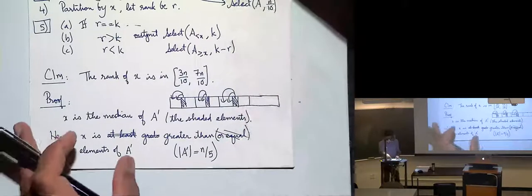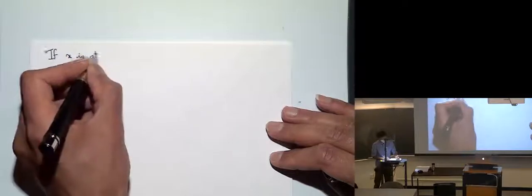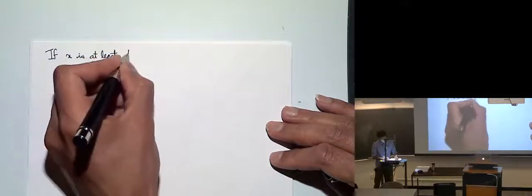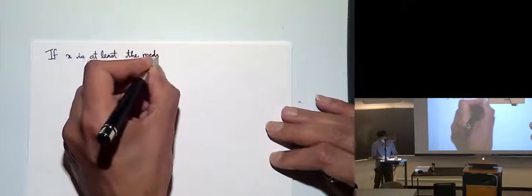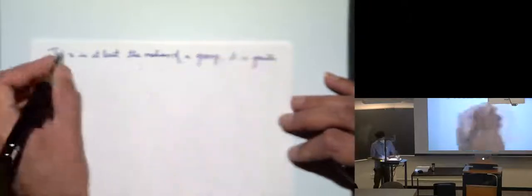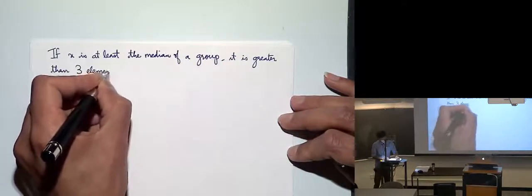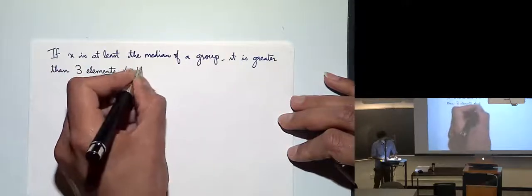Right? So if x is at least the median of a group, it is greater than 3 elements of the group.